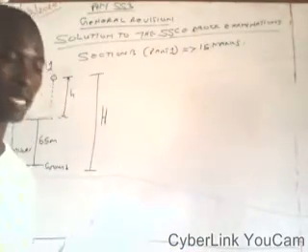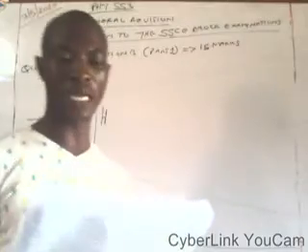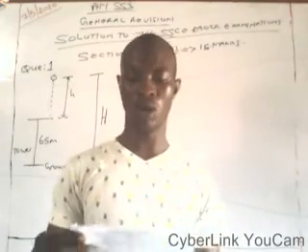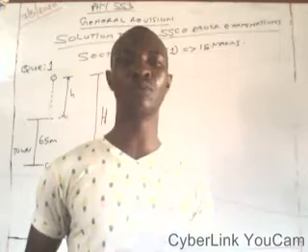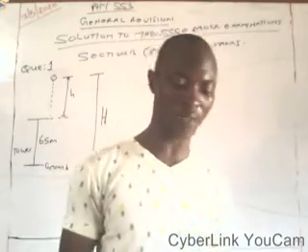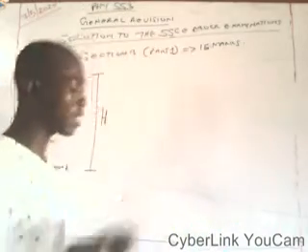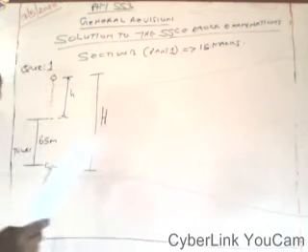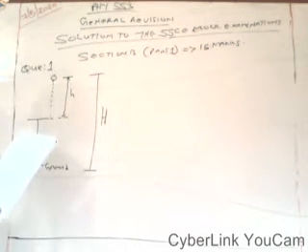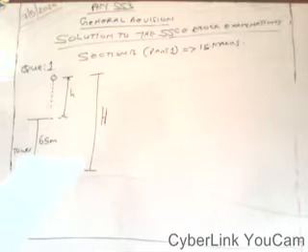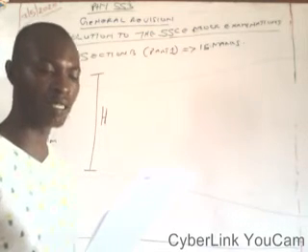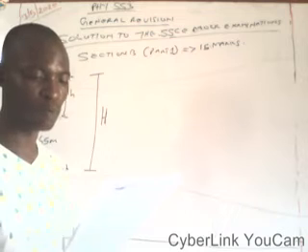And what is question 1? In order to make it easy for you, we implore you to have your answer booklet beside you so that you can go through it as I give you the solution. Question 1 states that a stone is projected vertically upward with a speed of 25 meters per second from the top of a tower of height 65 meters.